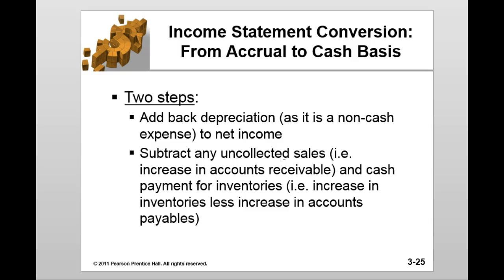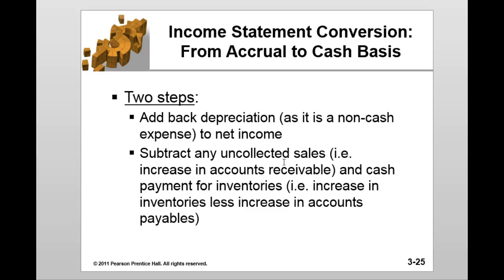So an example would be an increase in accounts receivable. If accounts receivable increased, we would have to subtract that from net income, because that increase does not involve cash, but it's in the net income, and we're trying to reconcile to the cash change between periods. So that would have to be subtracted out.